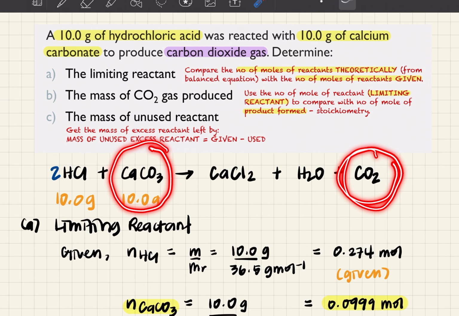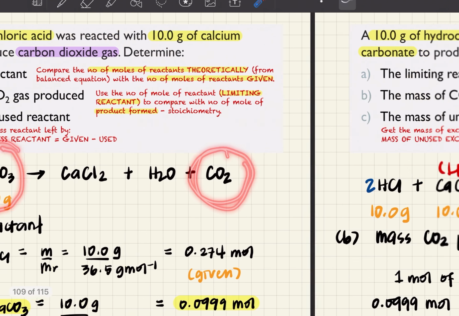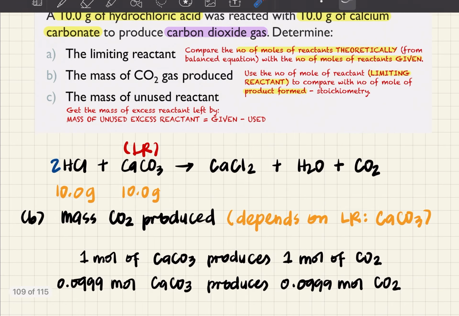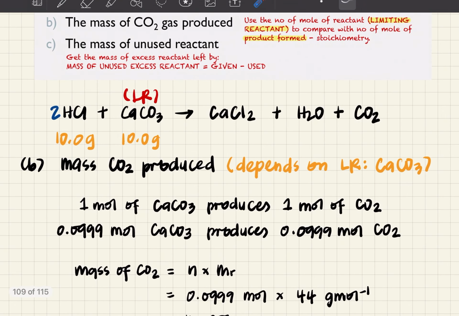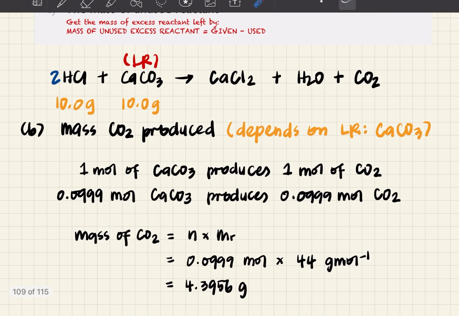So maksudnya, kita akan guna stoichiometry, where, okay, kita tahu 1 mole of calcium carbonate will produce 1 mole of carbon dioxide. Okay, so macam biasa, we will write down 1 mole of calcium carbonate produces 1 mole of carbon dioxide.